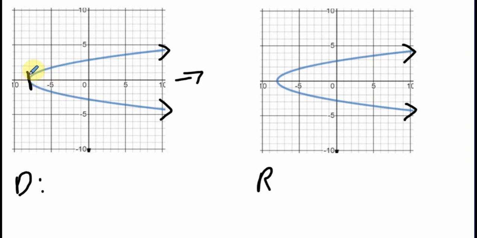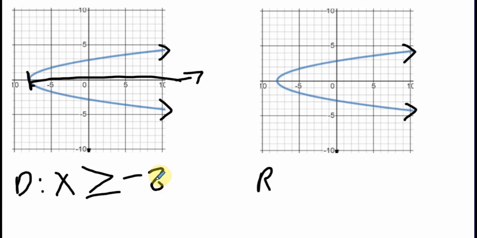It looks like the furthest left it goes is -8, and then it keeps going to the right without end. So x is going to be -8 or larger. So x is greater than or equal to -8.